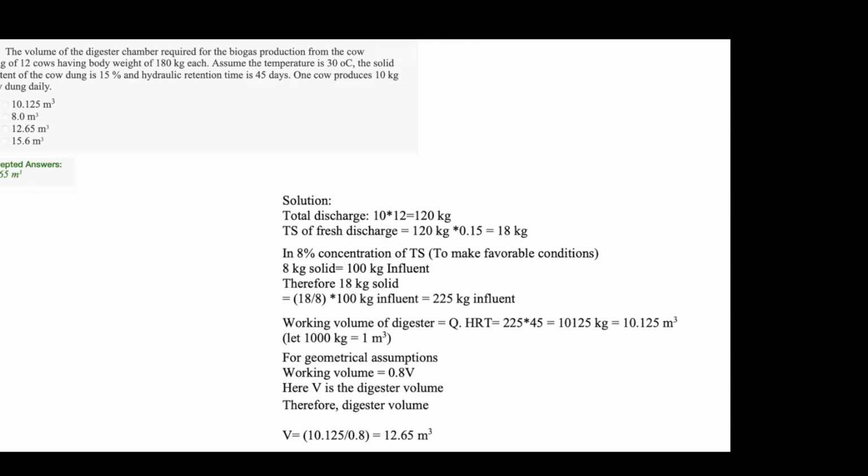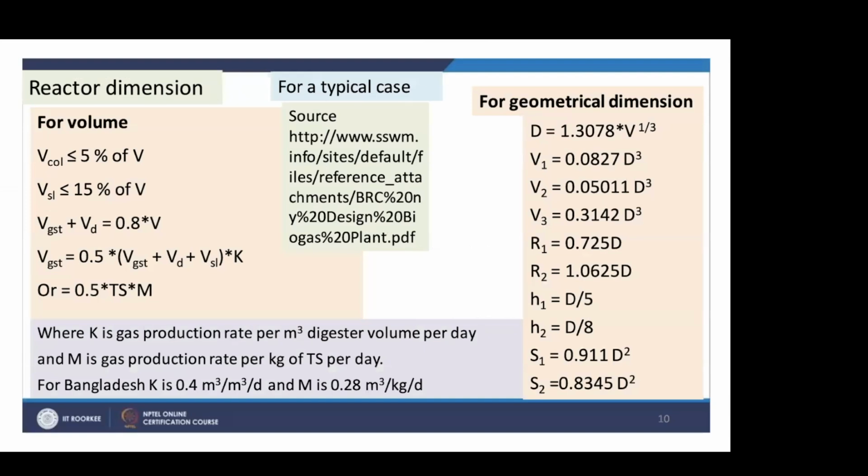Don't worry if you do not remember this. This is the slide where every relation was given. We have used the total volume, the VGST or VD here. These were discussed in the slide prior to this one. So this volume is basically 0.8 times the digester volume.